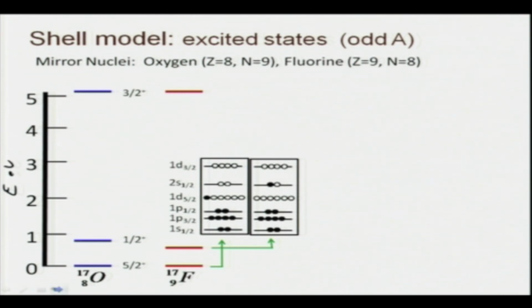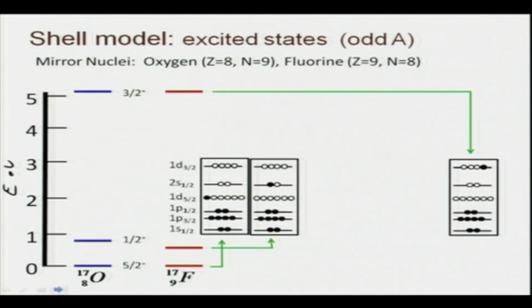Experimental observation says that there is something in between, which has excitation energy about 3 electron volt and I equal to 1/2 with odd parity, both for fluorine and oxygen. We have this observation.